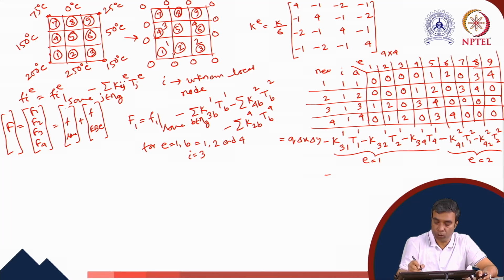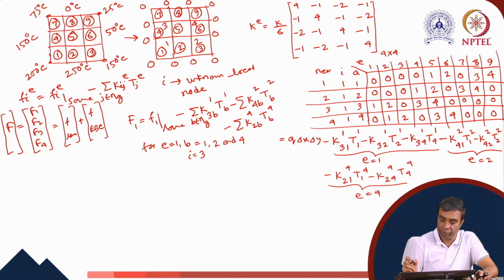Here I equals 2. So here we first write minus K_214 T_14 minus K_244 T_44. So this is contributed by the fourth element, E equals 4.